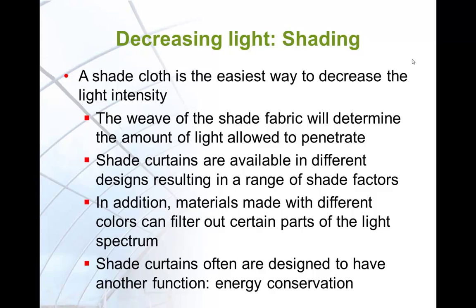And some shade curtains have different colors and can filter out certain parts of the light spectrum. So you can do a lot by selecting shade curtains. And some shade curtains can be considered to have another function, which is very important for energy saving.